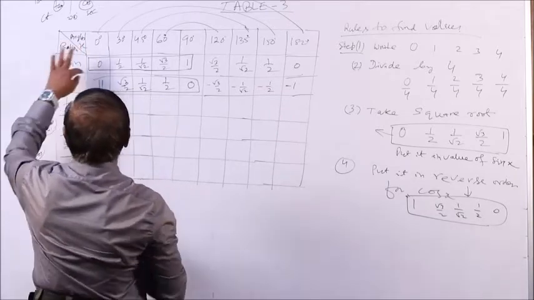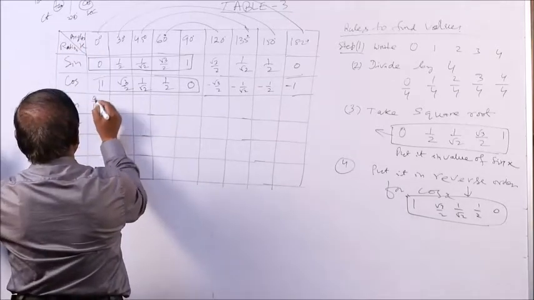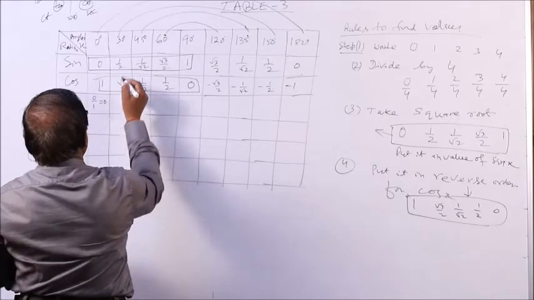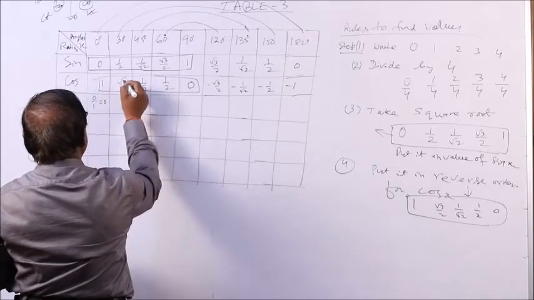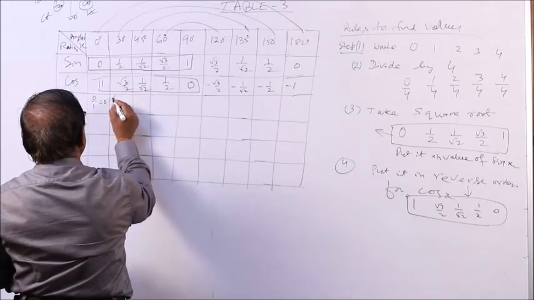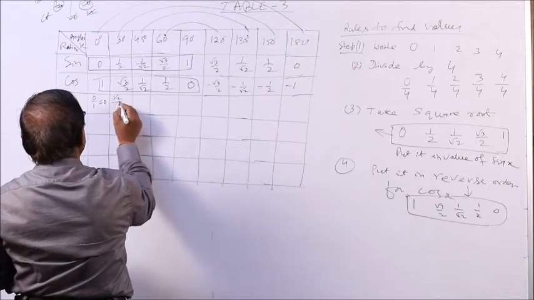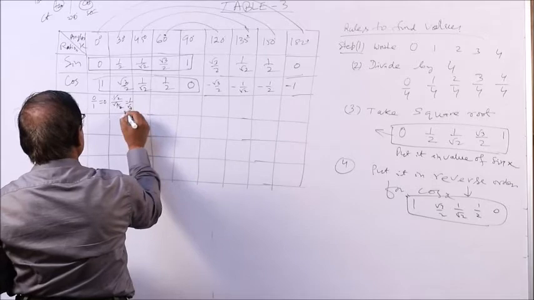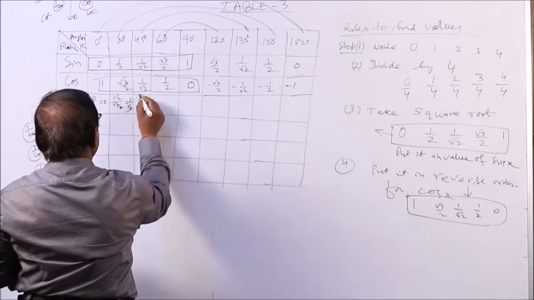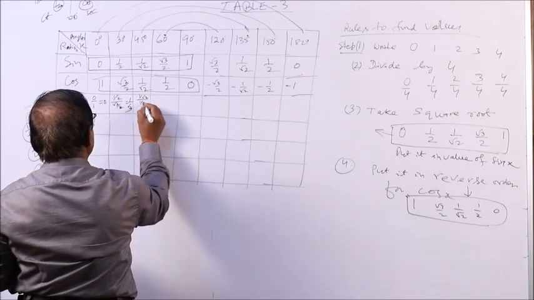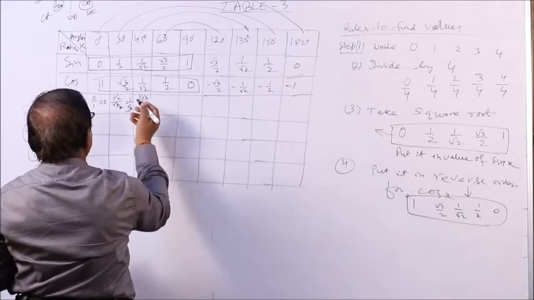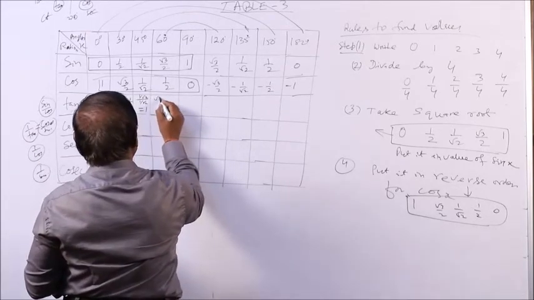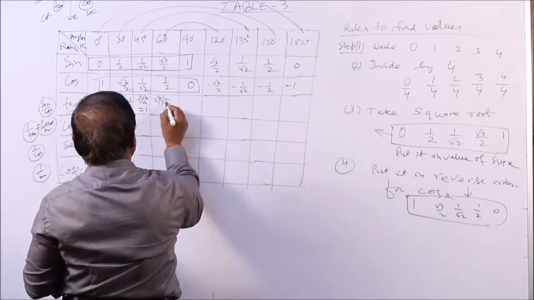Tan is sine by cos, 0 by 1. What is that? 0. Then 1 by 2 divided by root 3 by 2, what will you get? That is 1 by root 3. This is 1 by root 2 divided by 1 by root 2, this is equal to 1. This is root 3 by 2 divided by 1 by 2, what will you get?